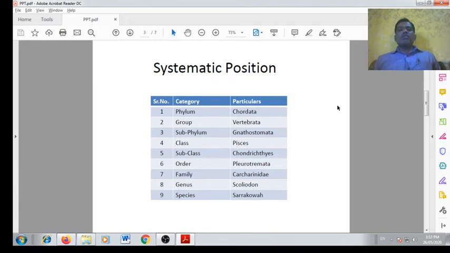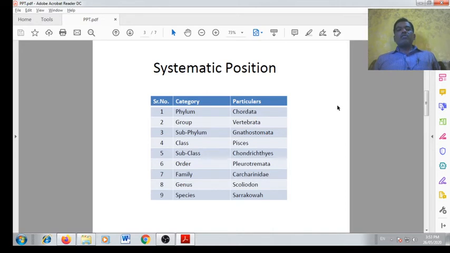In case of Scoliodon, this notochord is replaced by a vertebral column, therefore it is included in group Vertebrata. Then group Vertebrata is again divided into two subphyla, that is subphylum Agnathostomata and subphylum Gnathostomata. Scoliodon is included in subphylum Gnathostomata because the mouth of Scoliodon is bordered by jaws.